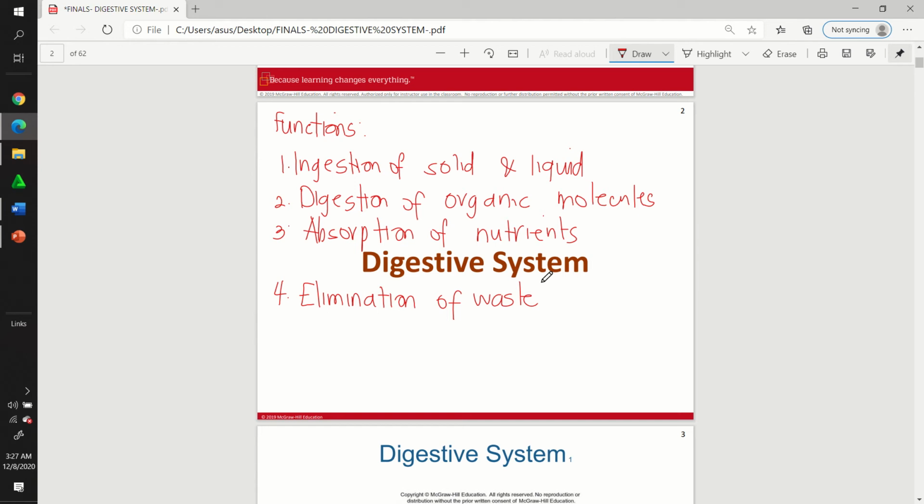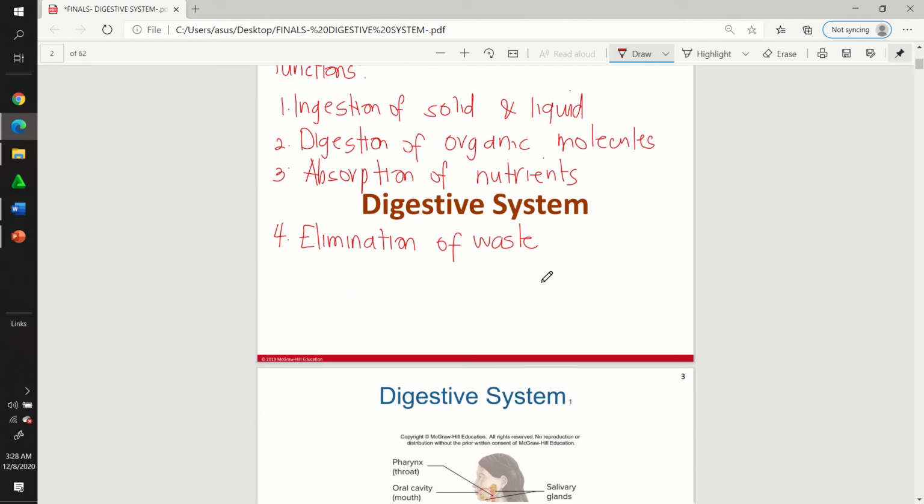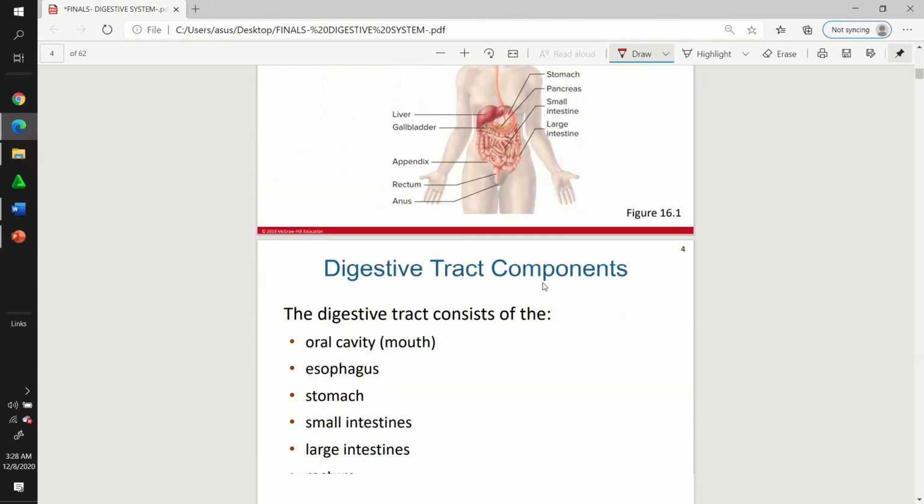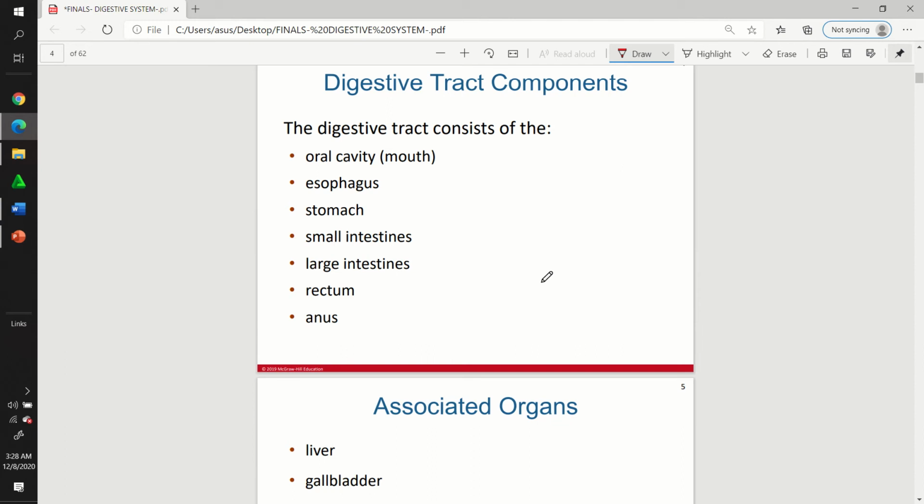What are the components of your digestive system before we delve into its process? We have the main organs of digestion, which include the mouth, the pharynx, the esophagus, the stomach, small intestine, large intestine, the rectum, and the anus.